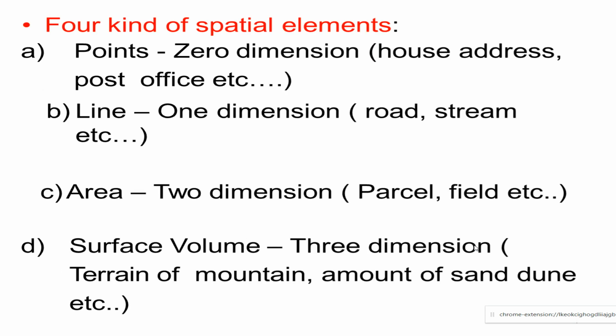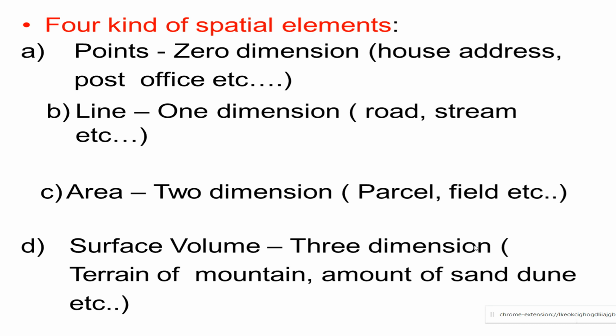There are four kinds of spatial elements, as I have told you: point, line, area, and surface volume. A point has no dimension, having latitude and longitude, like any house address, post office address, or locality, like a state on the Indian map.